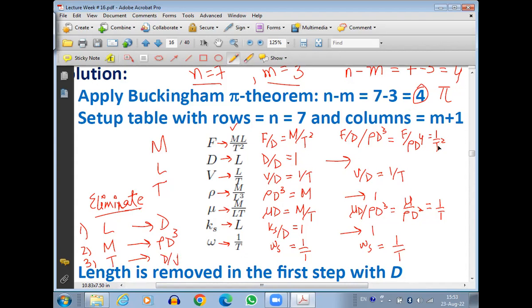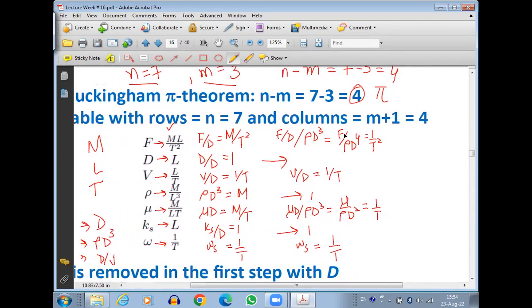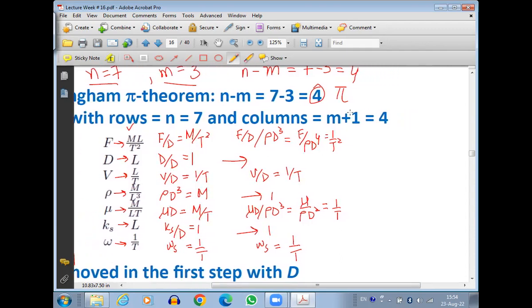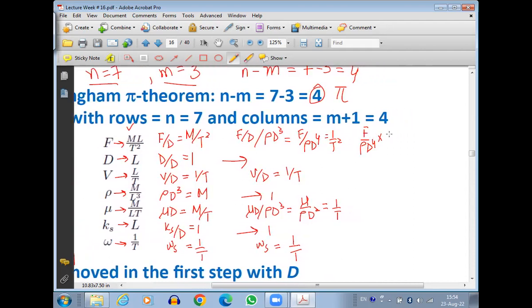Here I have 1 over T square, so I have to multiply by T square to get it. Multiply by T square means multiply by D square upon V square. So let's do it. F by rho D power 4 multiplied by D square upon V square.